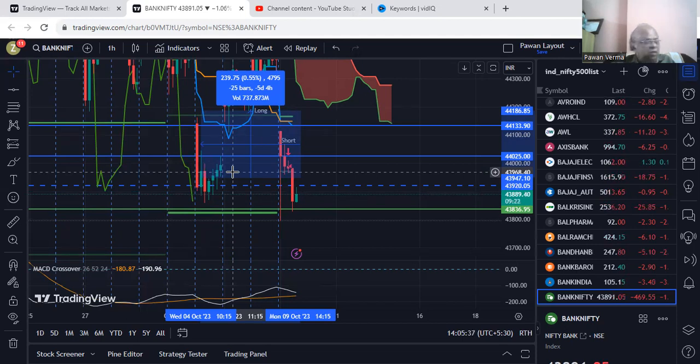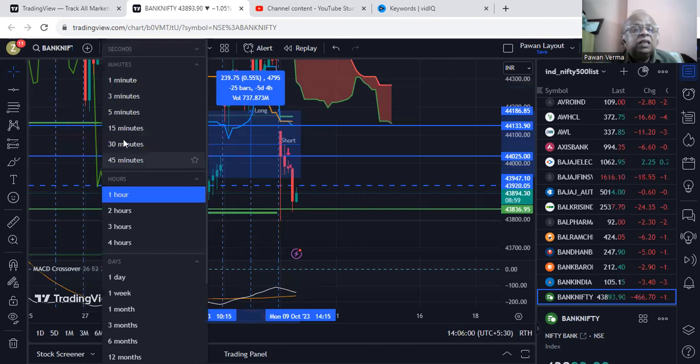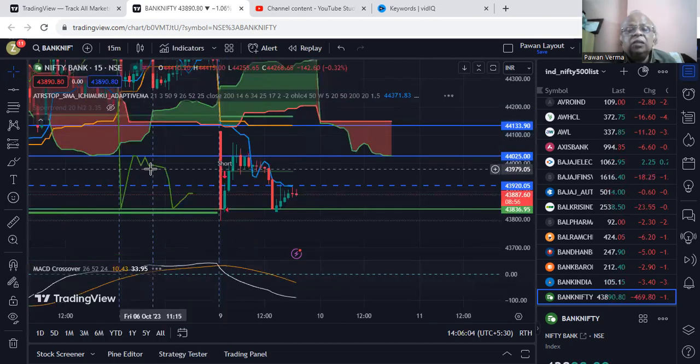So friends, instead of going to the complexity of the Ichimoku trading system and math, we have got the clear-cut view from the 15-minute chart analysis, which is showing that if the index is traded above 43,920, we can get the buying coming into force as selling pressure has come down.